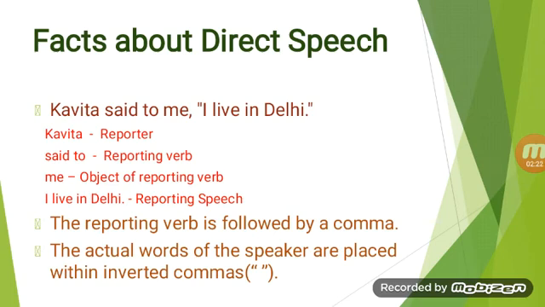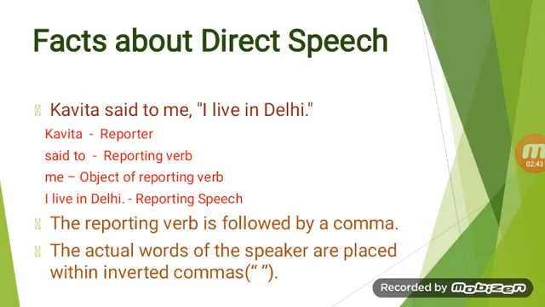Now, here are some facts about direct speech. Kavita said to me, "I live in Delhi." In this sentence, Kavita is the reporter, said to is the reporting verb, me is the object of reporting verb, and I live in Delhi is the reporting speech.